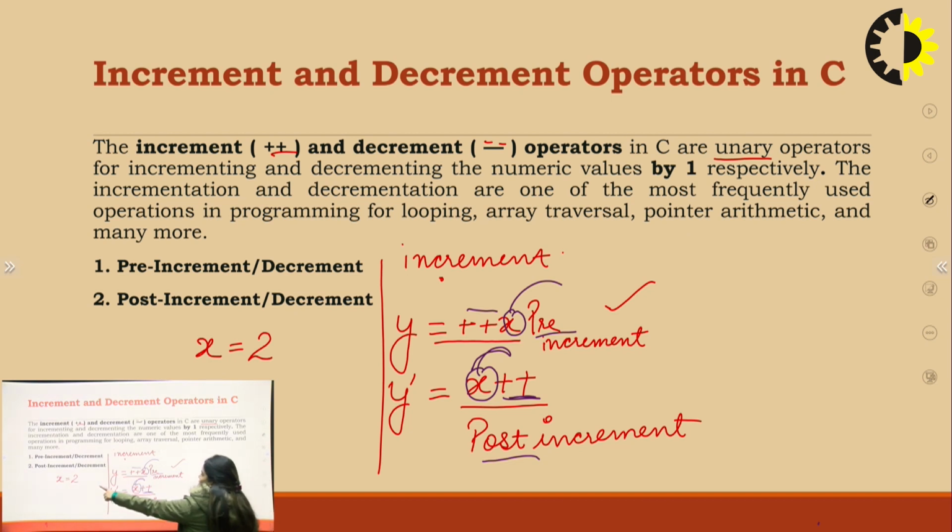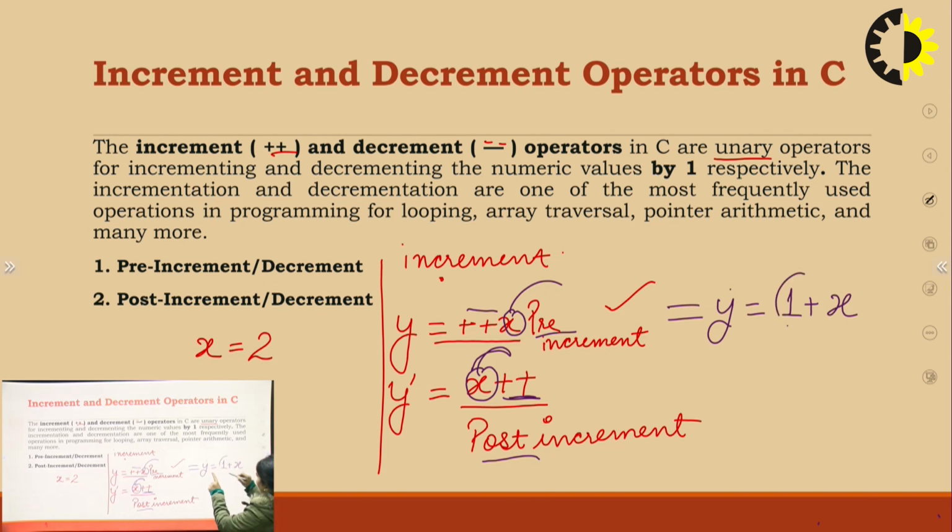If you have the value 2 and you need to calculate the value of y, what you have to do here is y is equal to plus plus x. Okay, this is very important to note. To assign the value of x to y, for that we have to first increase the value by 1 and then we'll assign this whole value to y.